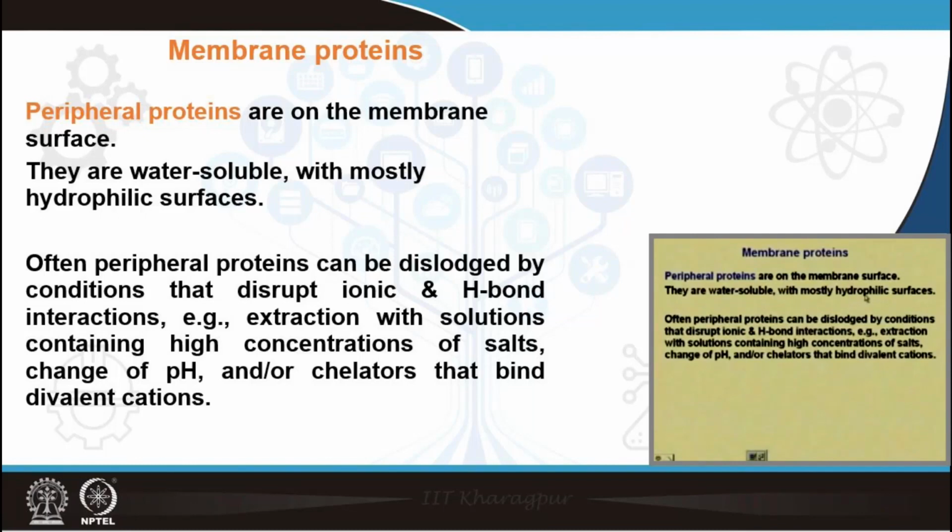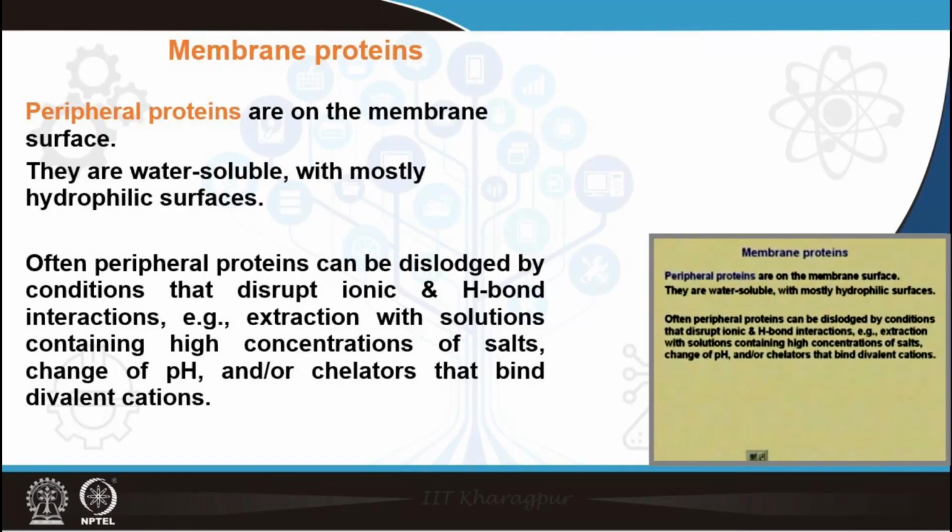So, what can you do? You can just wash them off the membrane. How? By adding specific chemicals or specific components that are going to disrupt the ionic and hydrogen bond interactions. So, you can add urea, change the pH, just extract the proteins that are on the periphery.